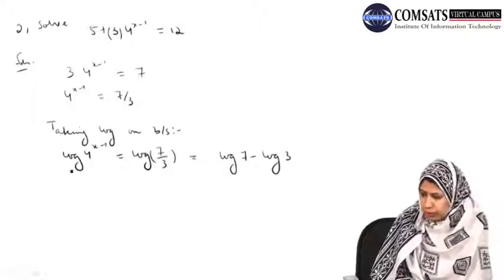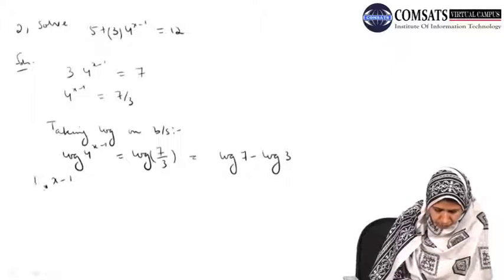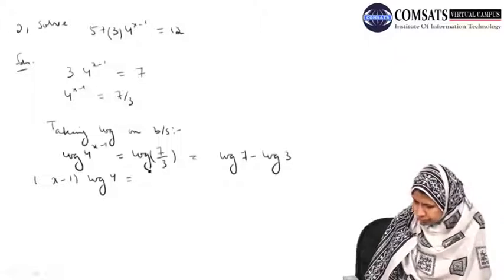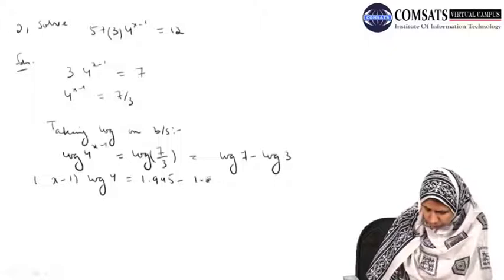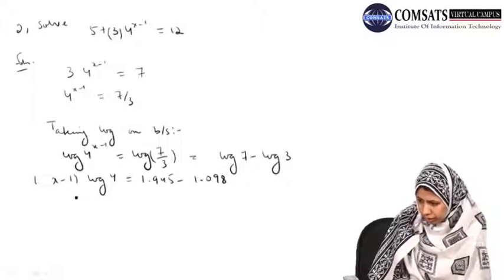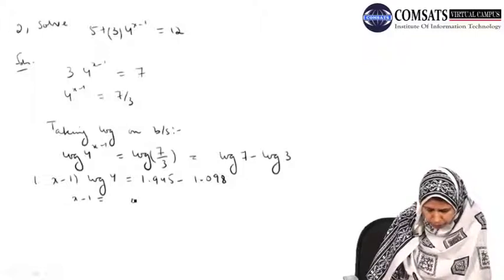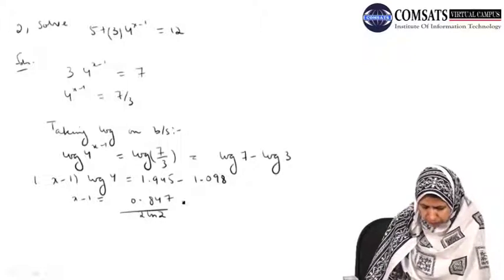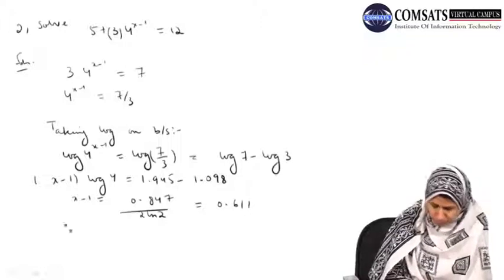And on the left side we will use the property of exponents, that is, we obtain x minus 1 into log of 4 is equal to 1.945 minus 1.098, and we obtain x minus 1 is equal to 0.847 over 2 log 2, which is nothing but log 4, which is equal to 0.611.